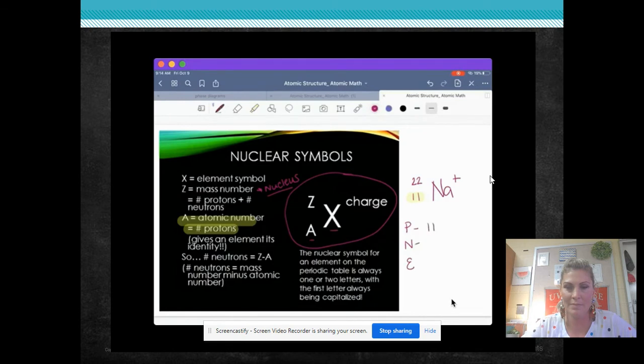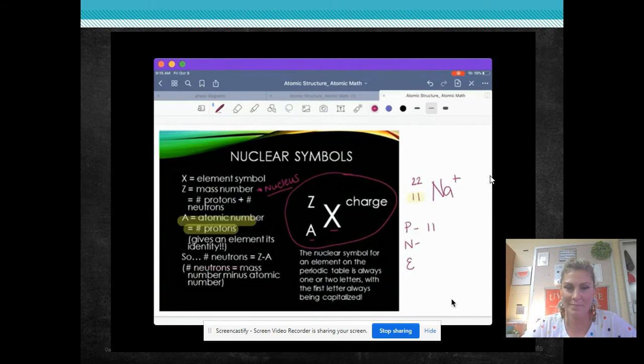With neutrons, well, neutrons are housed in the nucleus with the protons. So I know I have 11 protons. I know that the mass of my nucleus is 22. So if I take the number on top and I subtract the number on the bottom, that's going to tell me how many neutrons there are.